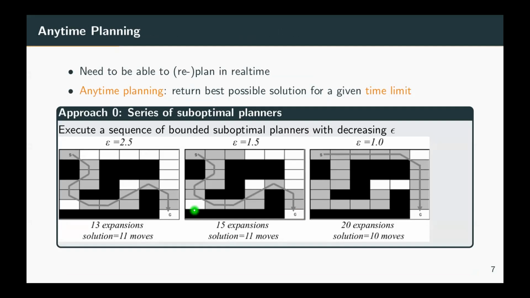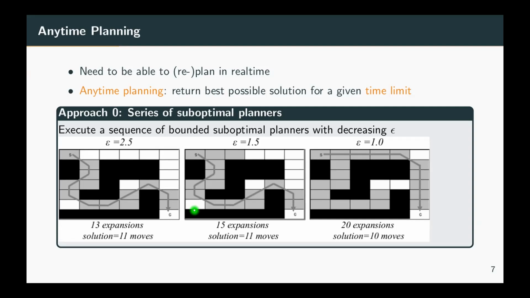So as I said earlier, one big challenge is that we sometimes need to react to changes in the environment in real time. So often we are not necessarily interested in finding the optimal solution, but we want to find some solution very quickly. And then if we have some more computational time, maybe we can improve that solution a little bit.